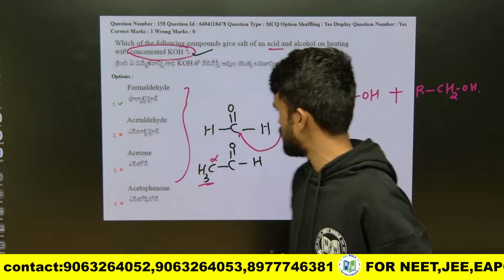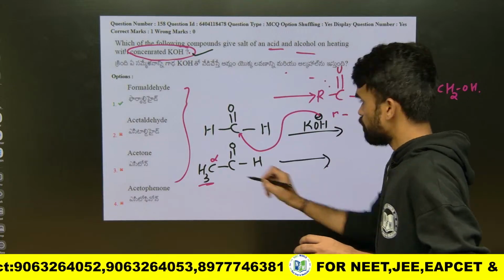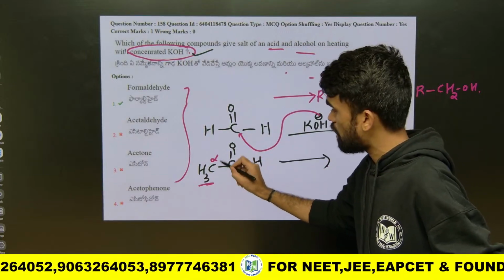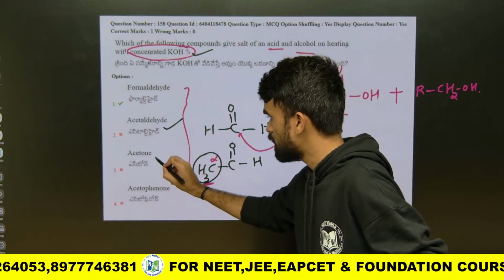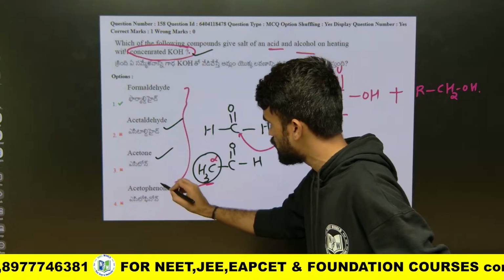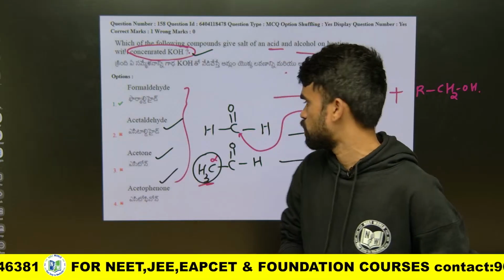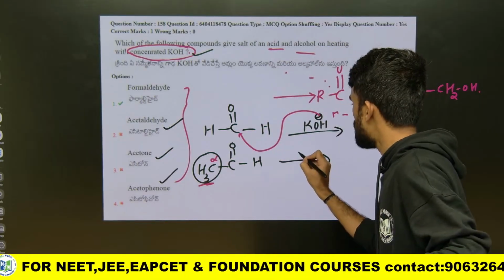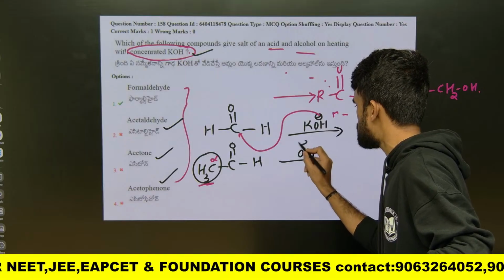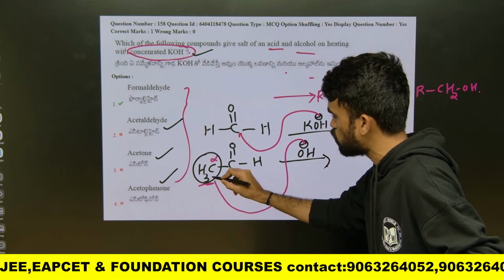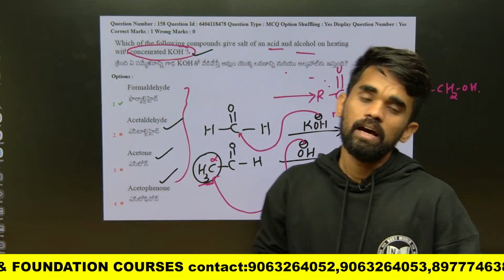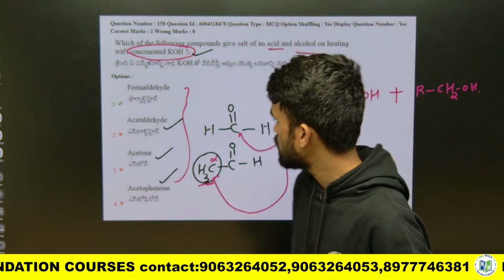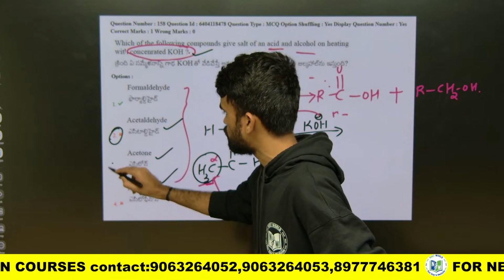But in carbonyl compounds that have alpha hydrogens, like acetaldehyde, acetone and acetophenone, the KOH acts as a strong base and abstracts a proton from the alpha carbon. That is why aldol condensation takes place in these three compounds.